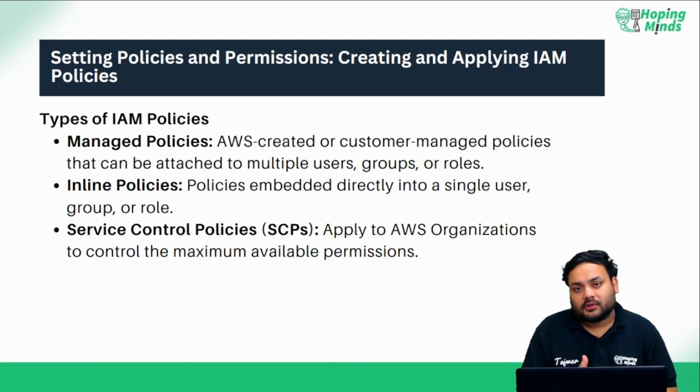Let's suppose we are creating a user, and we are defining that this user can change its password. So this user will automatically have the permission of changing or creating a password. This comes under a kind of inline policy. It is not exactly an inline policy, but for understanding purposes you can take this example.